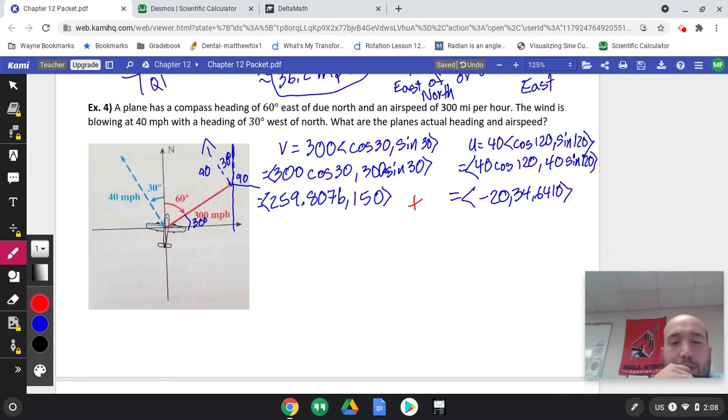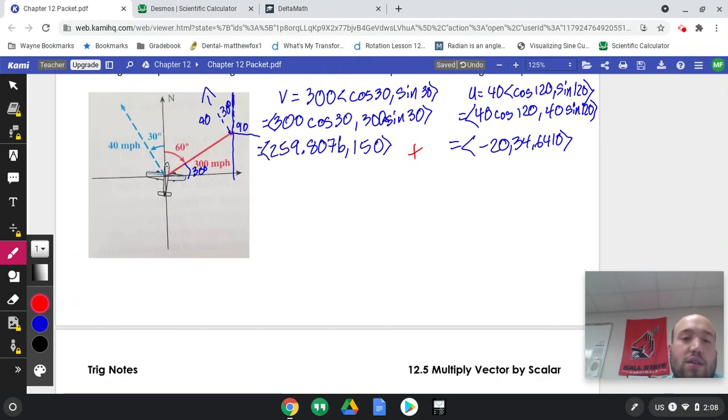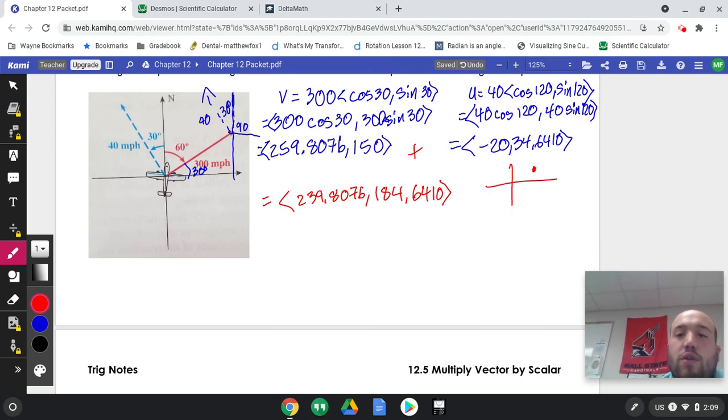And you might actually be able to do these in your head pretty easily. Just minus 20 from that one will leave us, if we add them together, 239.8076. And we add 150 onto the other one, we'll be at 184.6410. We can figure out what quadrant that will be in. Once again, it's up here in quadrant 1.